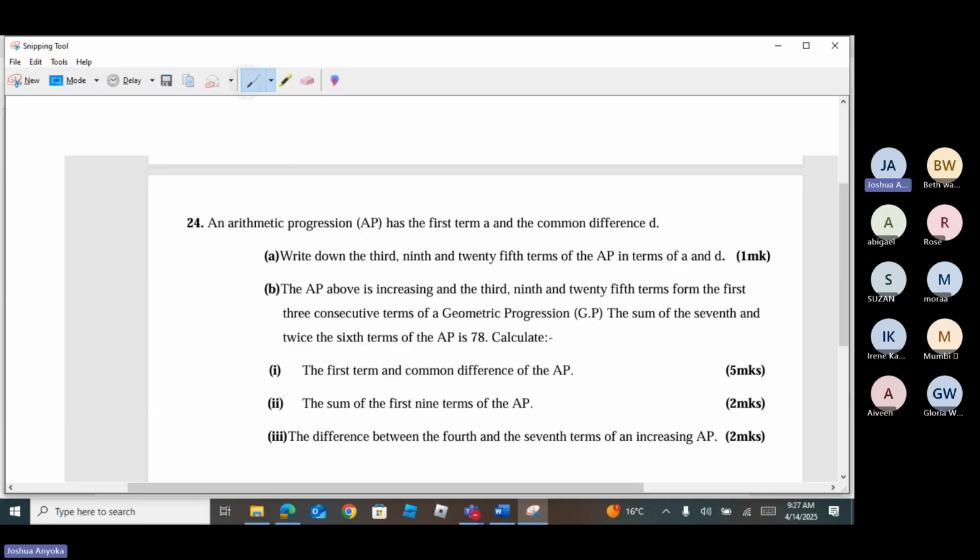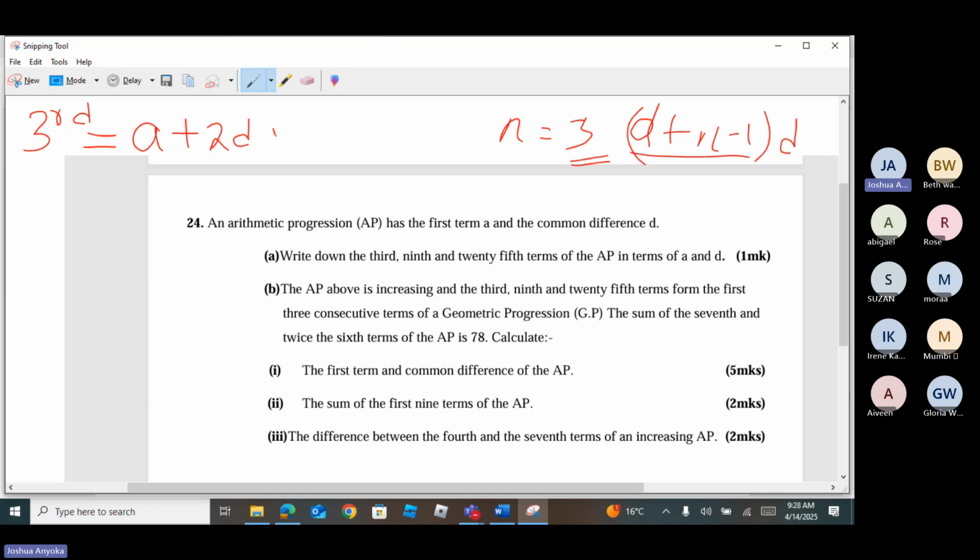So we start with the third. In the third, we know that n will be equal to 3. The nth term in an arithmetic progression is A plus n minus 1 D. So we substitute in the nth term. Our term is A plus, n minus 1, 3 minus 1, 2, so 2D. That is the third term.